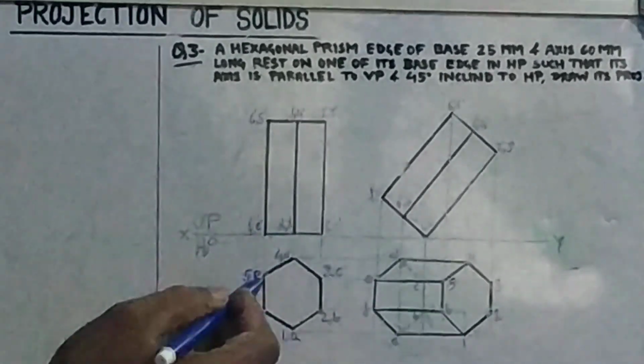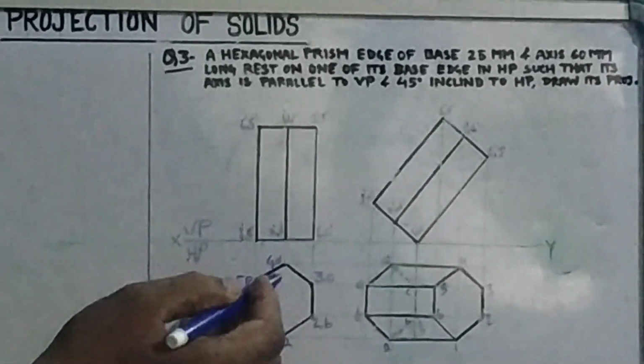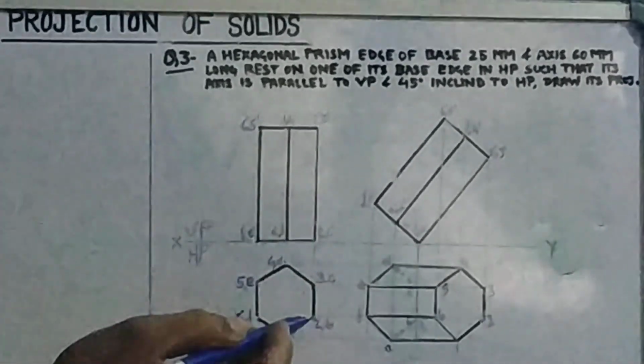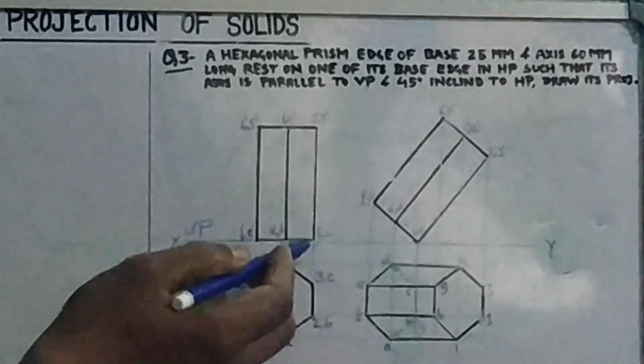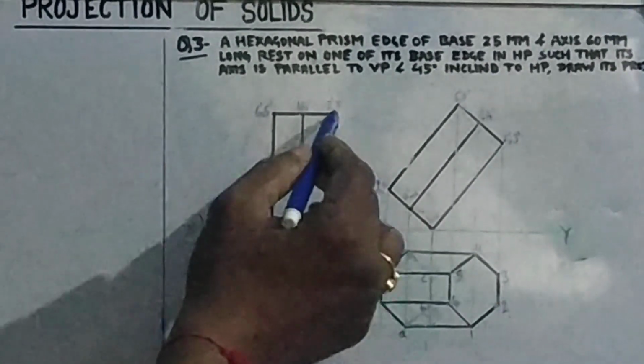We will draw the projection line from this corner, from this corner, and from this corner, and after 60 mm length we will close it.